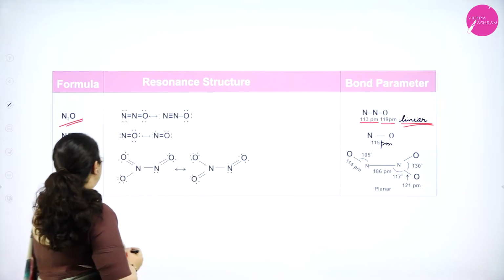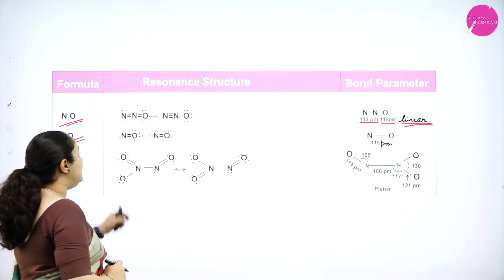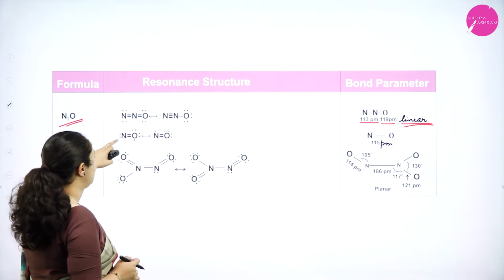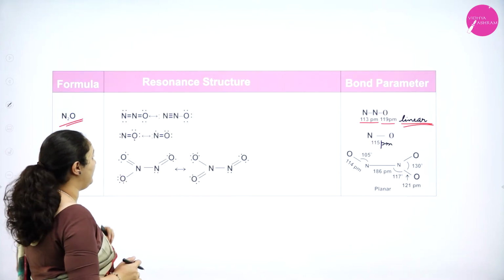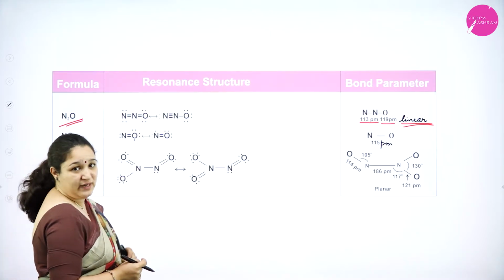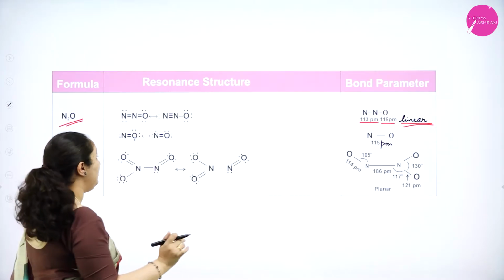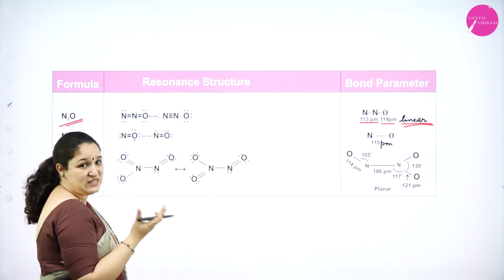Okay. Next we have nitric oxide, that is NO. Here between nitrogen and oxygen there is a double bond. Nitrogen has 1 lone pair of electrons and oxygen has 2 lone pairs of electrons with 1 extra electron. In the other resonating structure between nitrogen and oxygen we have shown a double bond itself, but you can see the lone pair of electrons, how it is placed is different.